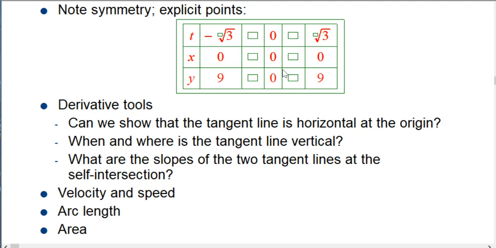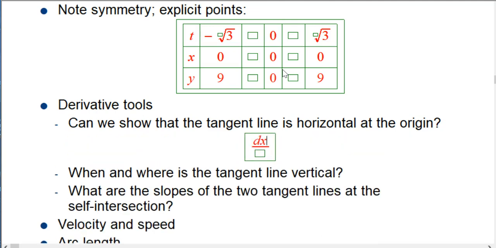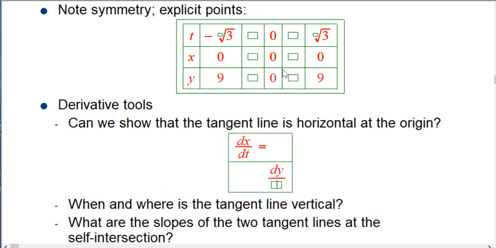Okay, so the key to all of these questions is to calculate dx/dt and dy/dt. We'll put those together in a combination in a second, but I want to tell you they each have their individual meaning. dx/dt is exactly, if you just keep track of the horizontal motion of this particle, how much it's moving to the right or left and how fast.